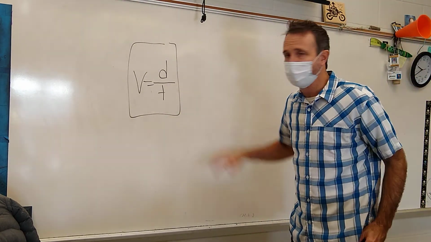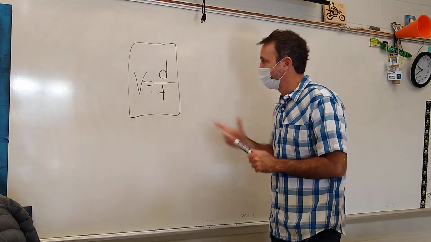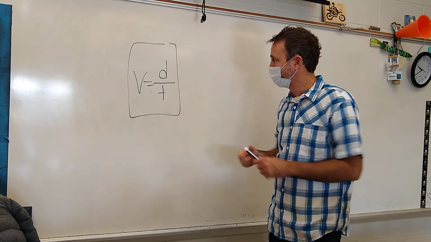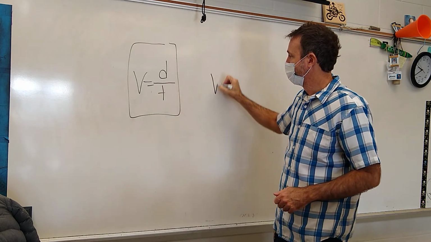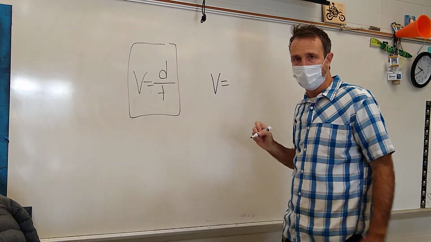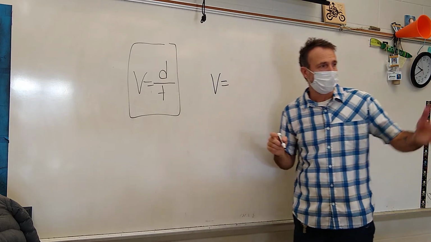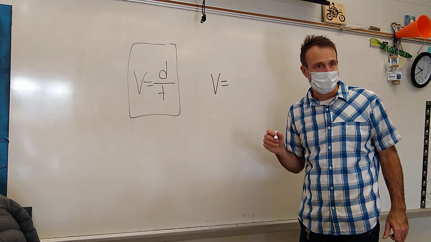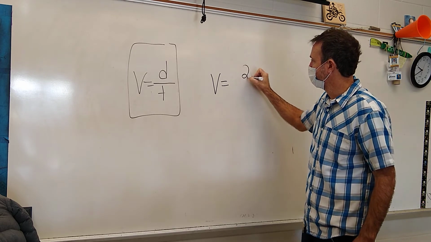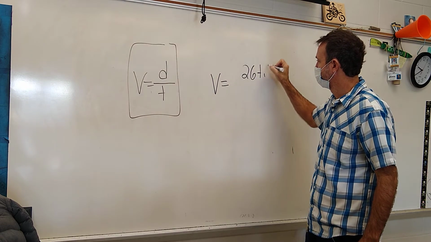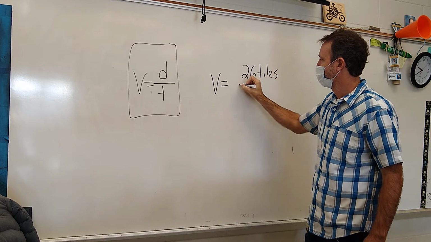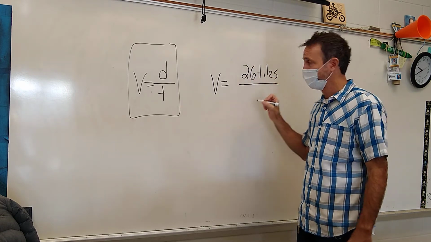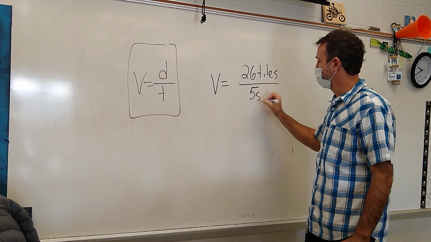So we're going to solve this formula. Velocity is equal to distance over time. So the velocity of Big Blue, our remote control car, what was the distance? Anybody remember? 26 tiles. Yeah, the distance was 26 tiles. And the time it took was? 5 seconds.